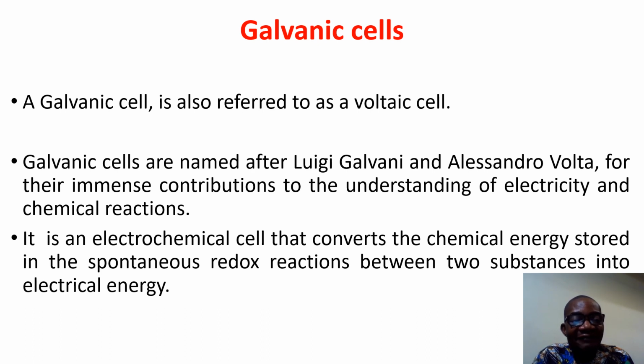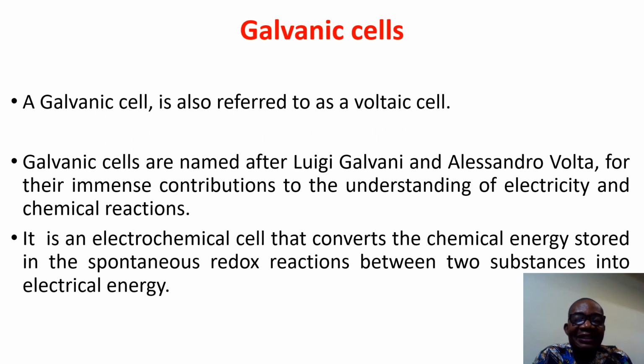A galvanic cell was named after Luigi Galvani and Alessandro Volta for their immense contributions to the understanding of electricity and chemical reactions. It is an electrochemical cell that converts chemical energy stored in spontaneous redox reactions between two substances into electrical energy.